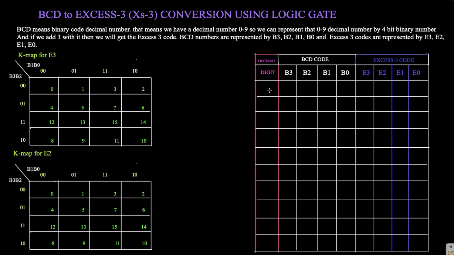So now how can we convert it? First we write down the digits 0, 1, 2, 3, 4, 5, 6, 7, 8 and 9. So 0 to 9 is nothing but the decimal number. Now we convert this into the binary number.